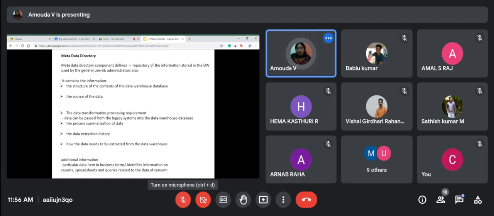And also, what I told you, everything is listed. The structure of the content of the data warehouse, what sources you have collected the data from, and what is the process required for the transformation, whether legacy system, how do you summarize.